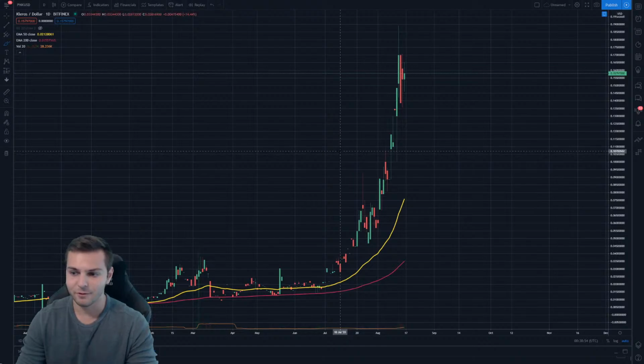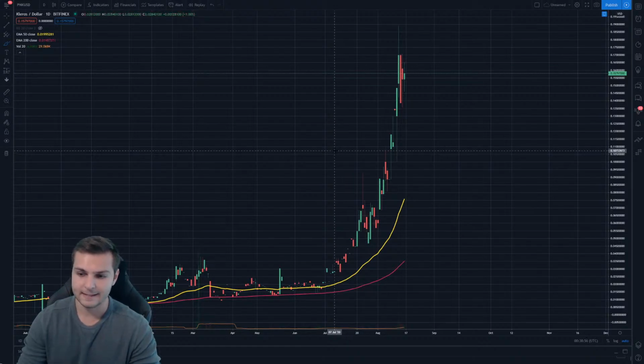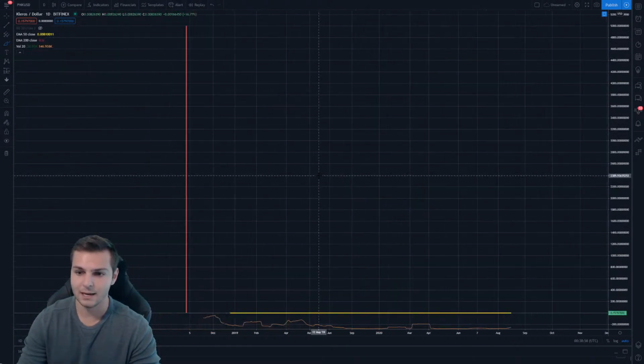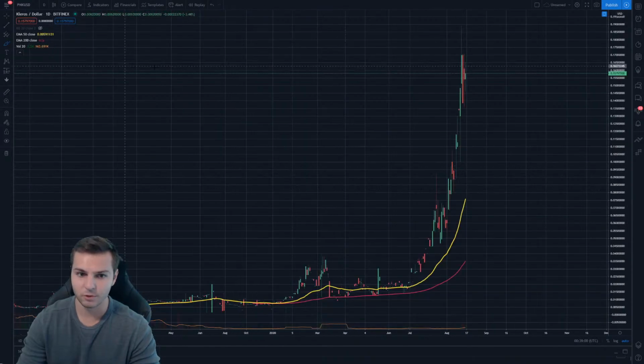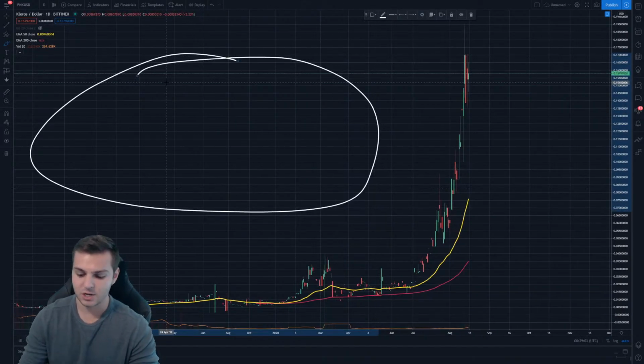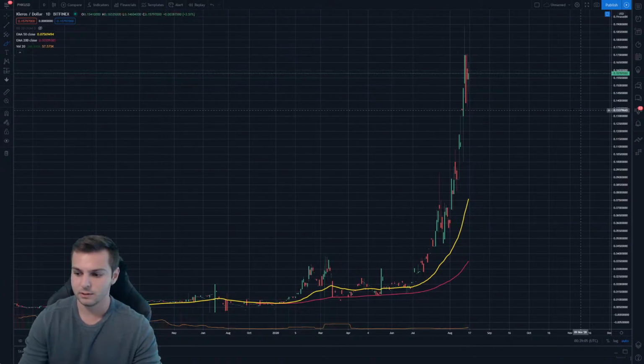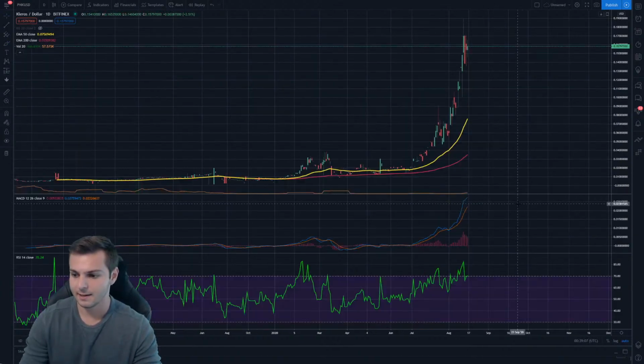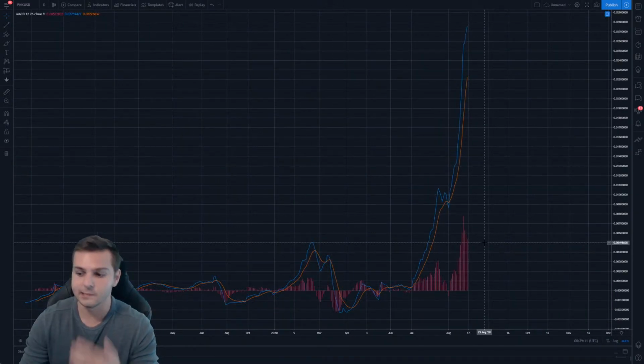But for right now, the chart's just parabolic. When things go parabolic and rip past any form of resistance, there's nothing for me to really compare it to. And the MACD on the 1 day chart looks like it is starting to fall off.